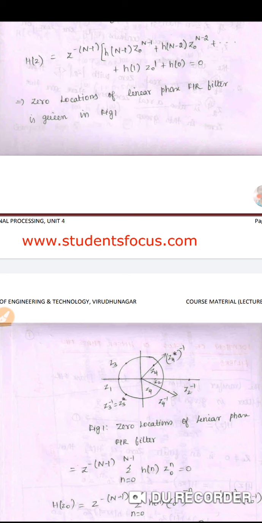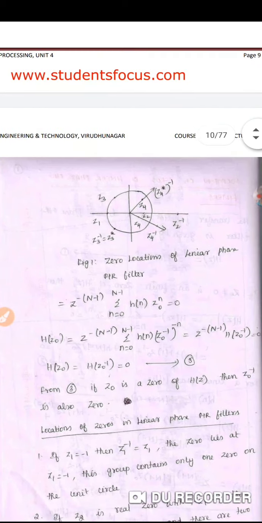It is in the reverse form. It is from h of 0, h of 1, h of 2, h of 3, so on, h of N minus 1, and in the case of z power minus n, you will find z power 0, z power 1, z power 2, so on, z naught power N minus 1. So you can write this equation as h of z equal to z power minus of N minus 1 into summation n equal to 0 to N minus 1 of h of n into z naught power n, which is equal to 0.